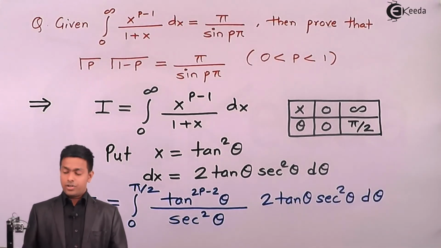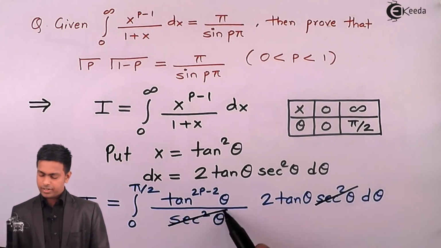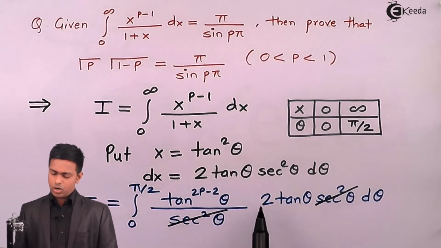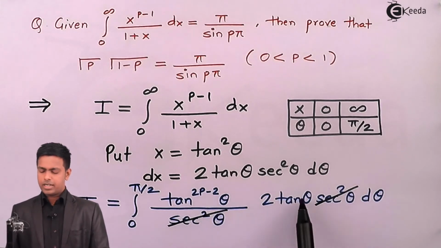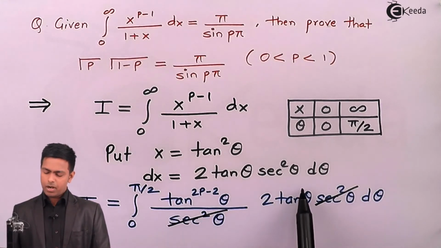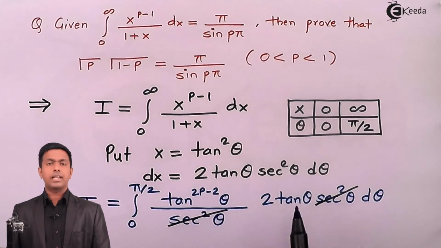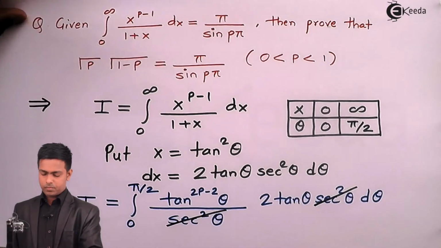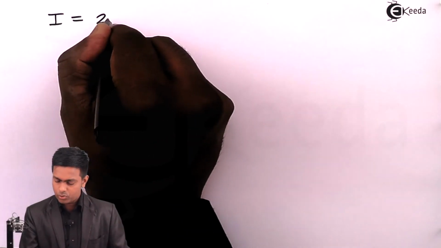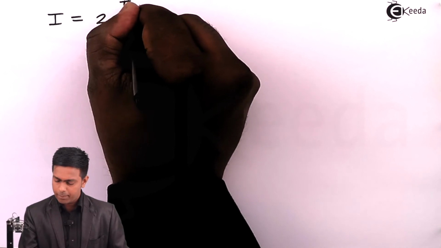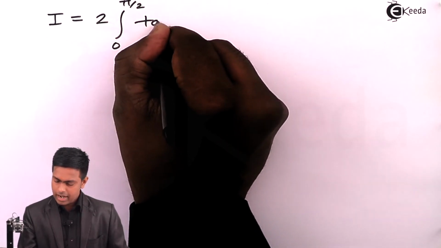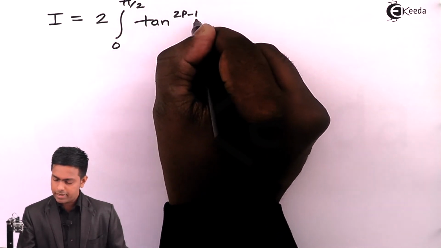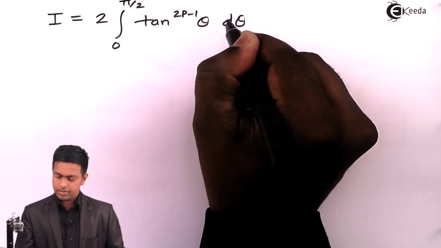Now here we can cancel sec square theta. Next I'll take the 2 outside, and both terms are tan, so we can add the powers. Here the power is 1, so that will become 2p minus 1. So I is equal to 2 times the integration from 0 to pi upon 2 of tan to the power 2p minus 1 theta d theta.